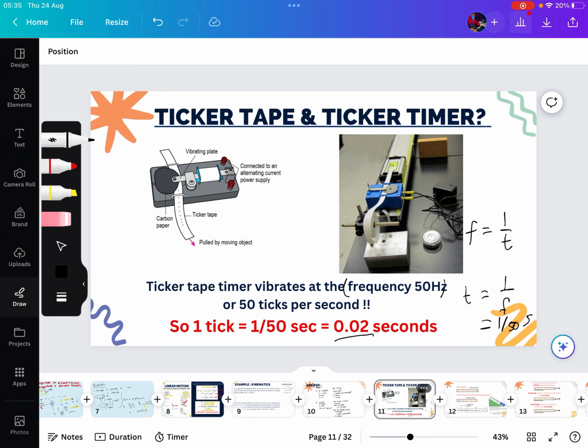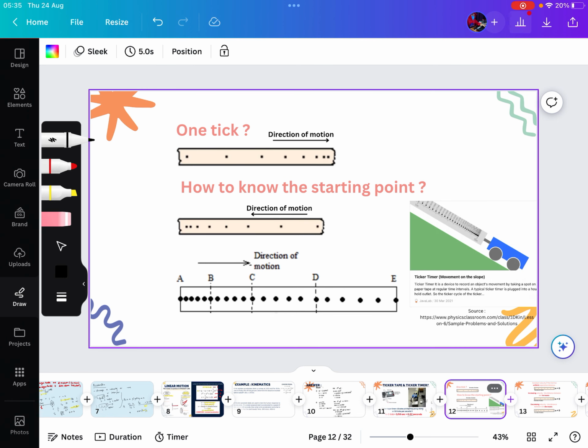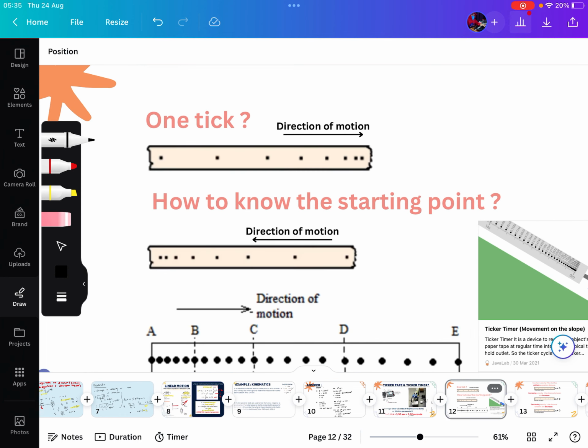But how is one tick defined? One tick is defined as the gap between the first point and the second point. Then the next one is the second tick.